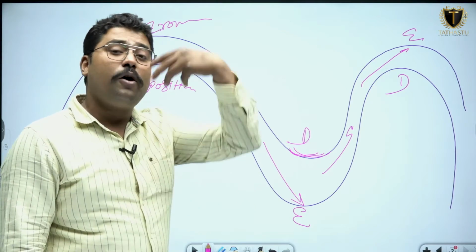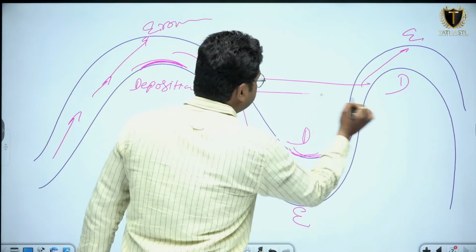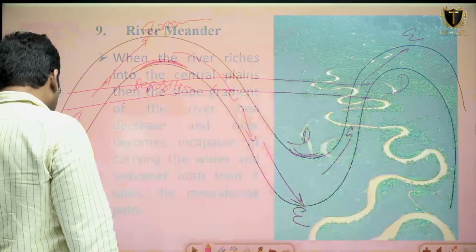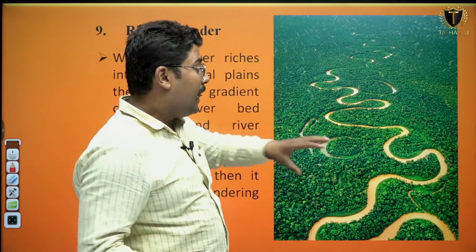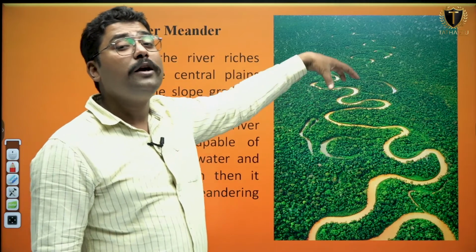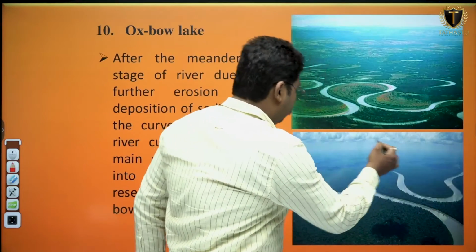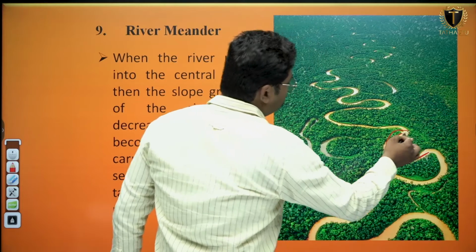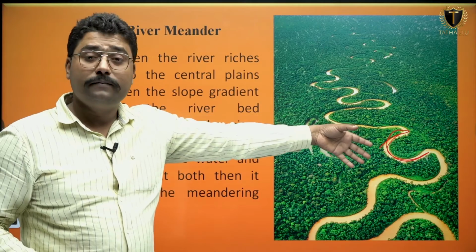And after a long period of time, what will happen? These two lines will meet and the river will change its path with the passage of time. And always mind it, this pattern of the river you are going to see only from a bird's eye view, meaning from a height, because this part can be kilometers in length and they are navigable also in major rivers like the Amazon.